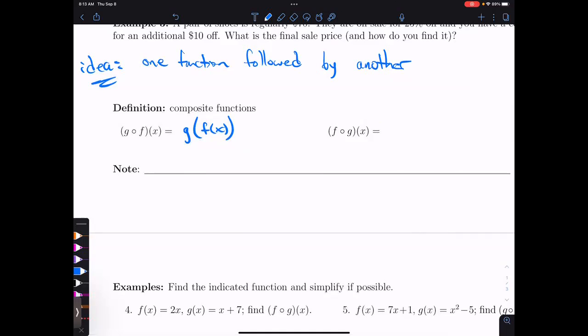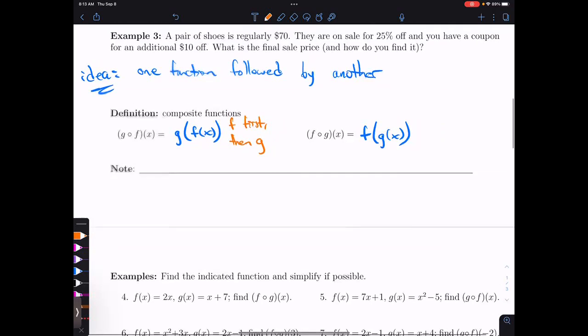F of G, or F composed with G, this is F of G. So this is F first, then G. The thing on the right would be which one first?